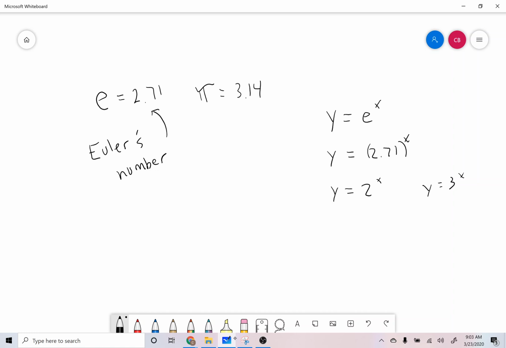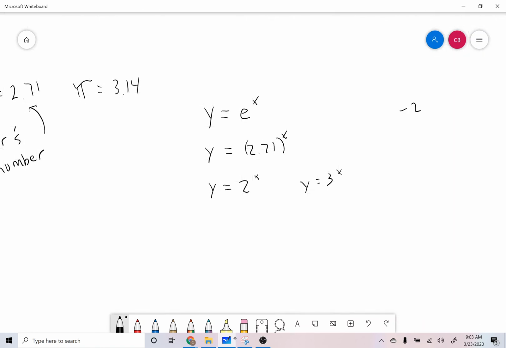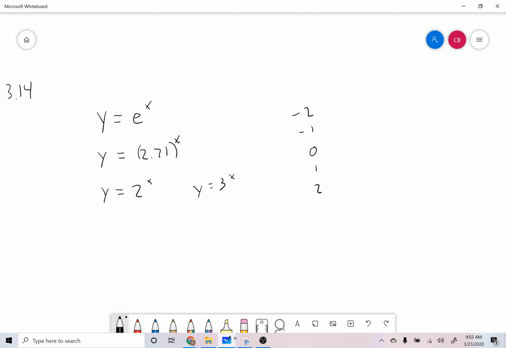If we have, for instance, let's do it over here, -2, -1, 0, 1, and 2, then e to the -2 is going to equal 1 over e squared, which is equal to 1 over 2.71 squared, which if you use a calculator, same thing, it's going to be just like 3, 1 over 9, this is going to be close to 1 over 9.